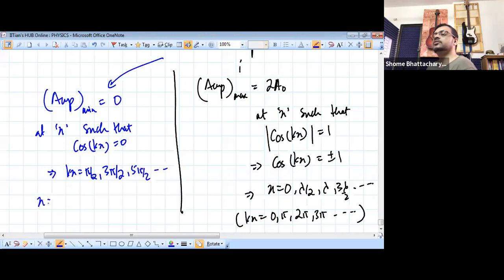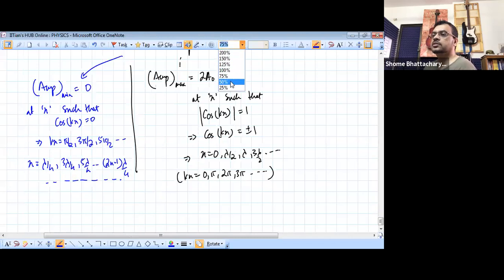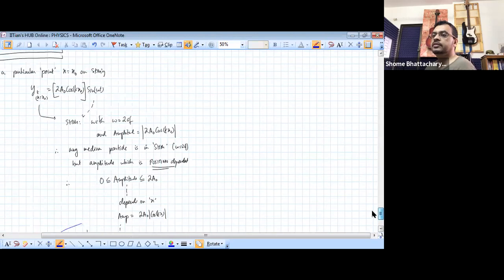So x would be equal to lambda by 4, 3 lambda by 4, 5 lambda by 4, 2n minus 1 lambda by 4. So later we'll see that these kind of positions are called nodes, and these kind of positions are called antinodes. But that we'll see after drawing the snapshot pictures and all properly. First, you just note down this first point of the interpretation of the standing wave equation. Okay.